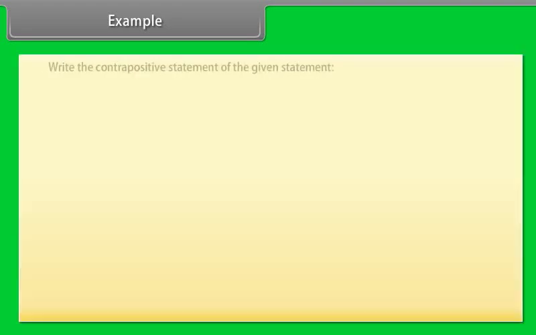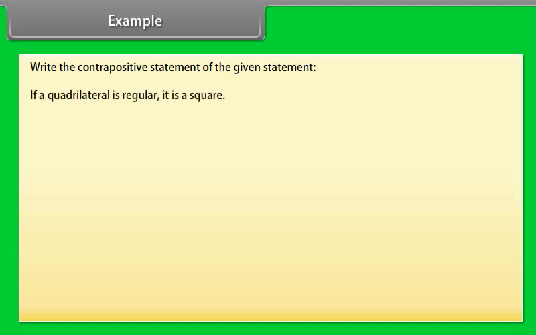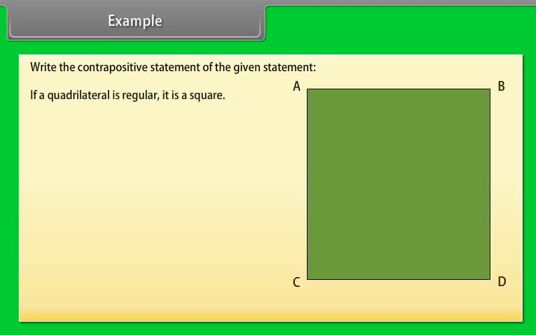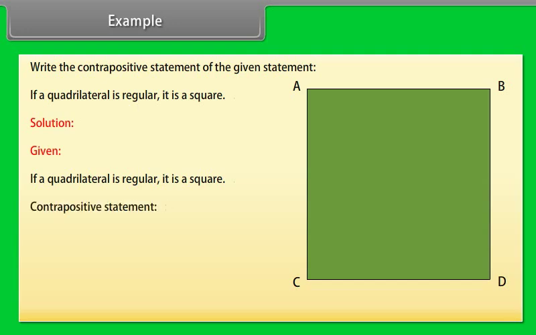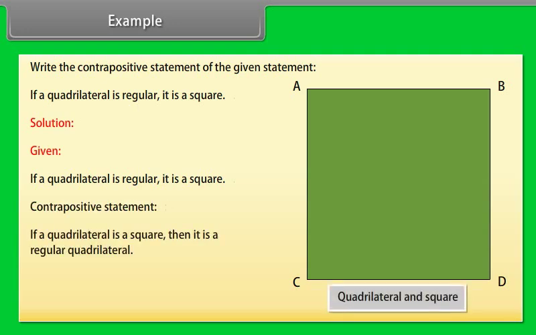Example. Write the contrapositive statement of the given statement. If a quadrilateral is regular, then it is a square. Solution. Given. If a quadrilateral is regular, it is a square. Contrapositive statement. If a quadrilateral is a square, then it is a regular quadrilateral. Example.